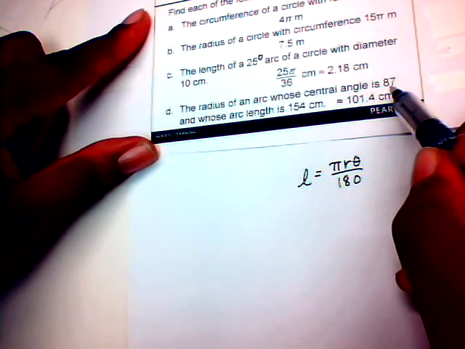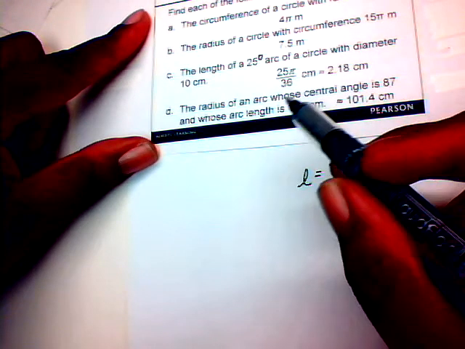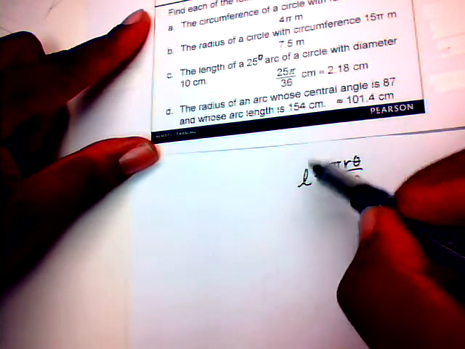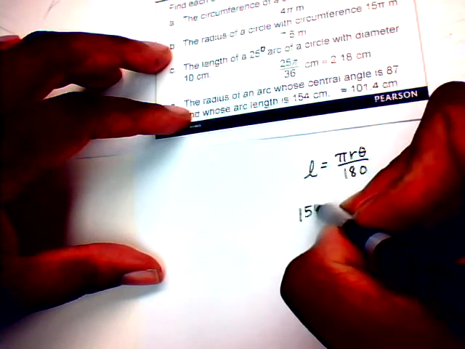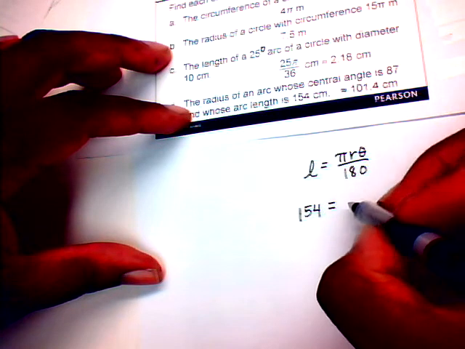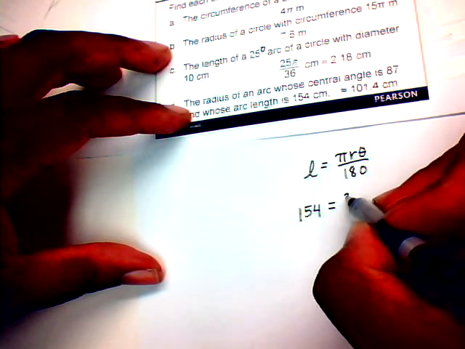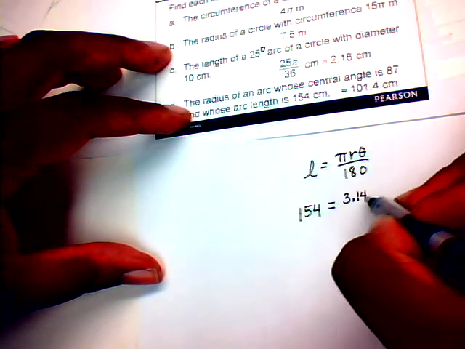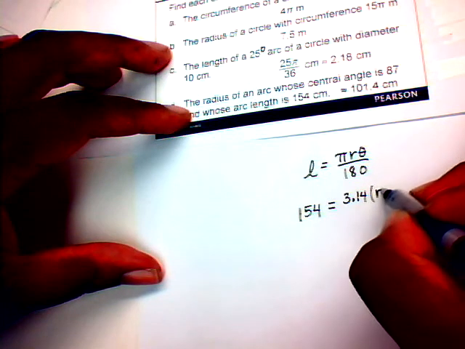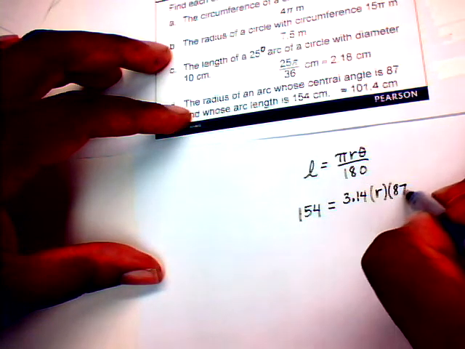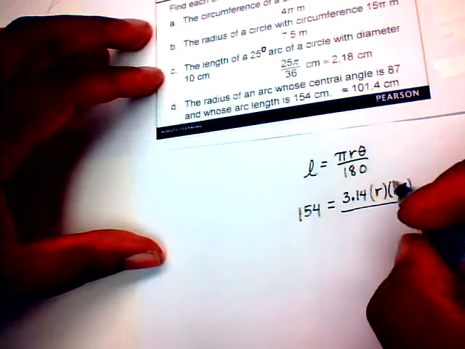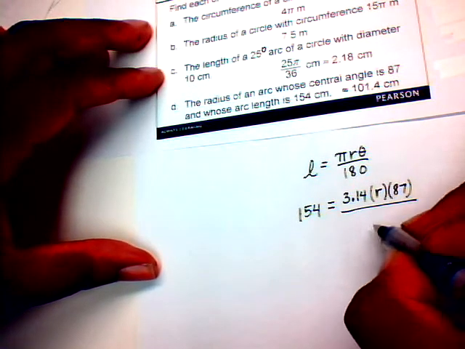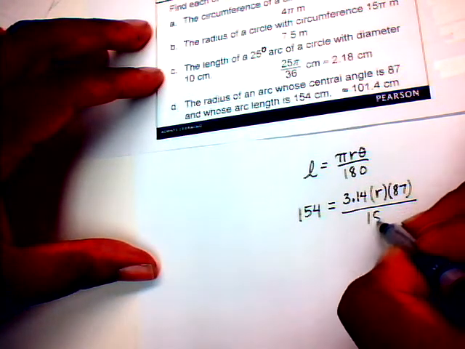We have a central angle of 87 degrees, that's theta. The arc length is 154 centimeters, that's your L. So here, we got 154 is equal to pi, I'm going to let that be 3.14 times r times theta, which is 87 degrees. That's your angle measure, or the central angle measure. That's divided by 180.